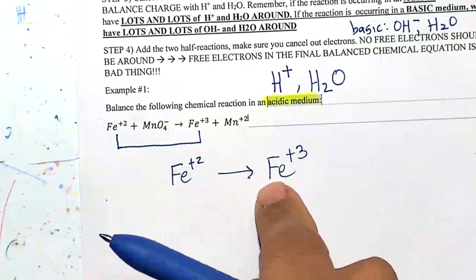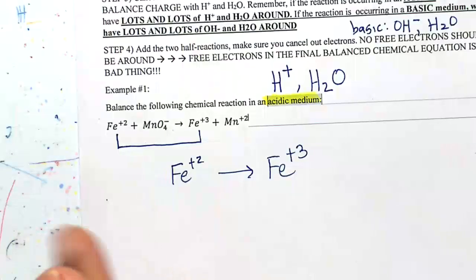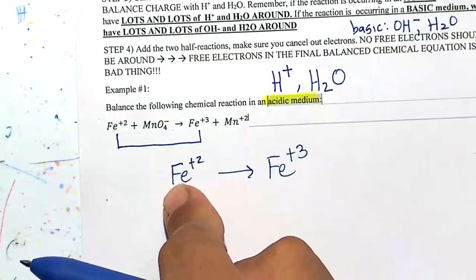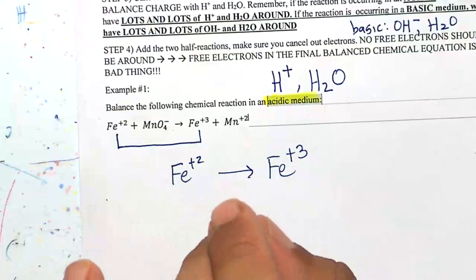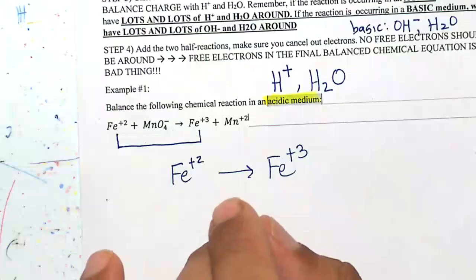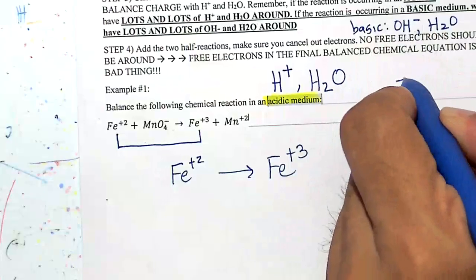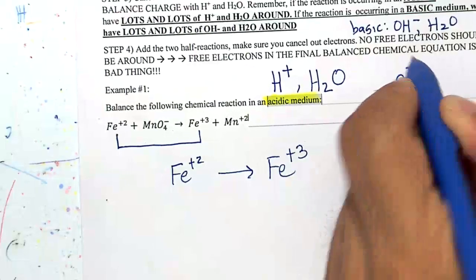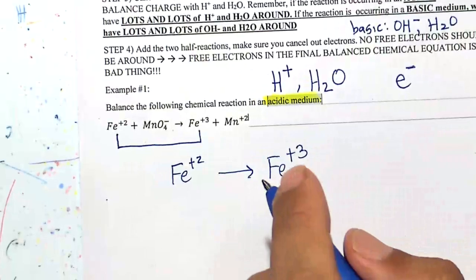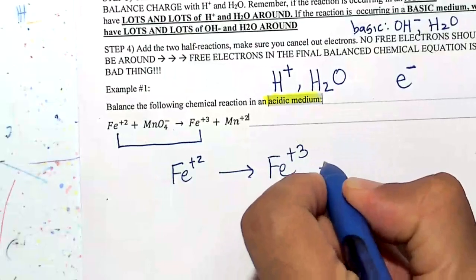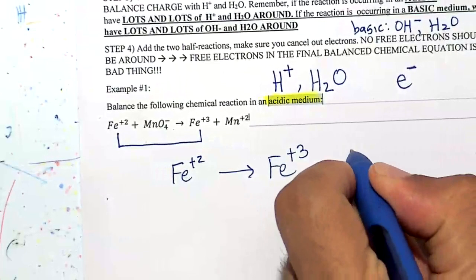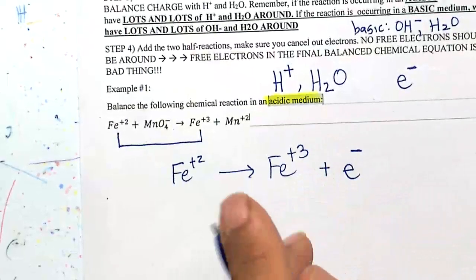So question for you guys here. We got one Fe here and one Fe here. That's good. We have a plus 2 here and a plus 3 here. So what do we need to do to balance the charge with electrons? How many and where? All right, I'm going to put one electron here on the product side.